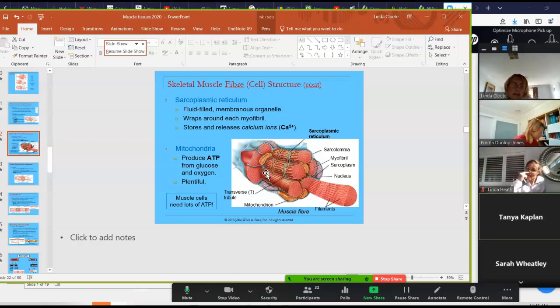This picture is pretty obvious, where you can see this is the whole cell. You have the sarcolemma on the outside, which is the cell membrane equivalent. You have the myofibril, which is another organelle, but it's similar to the cytoskeleton in other animal cells. You can see there's the nucleus, and the mitochondria in between, and there are lots of them. The sarcolemma also has little pieces running down.